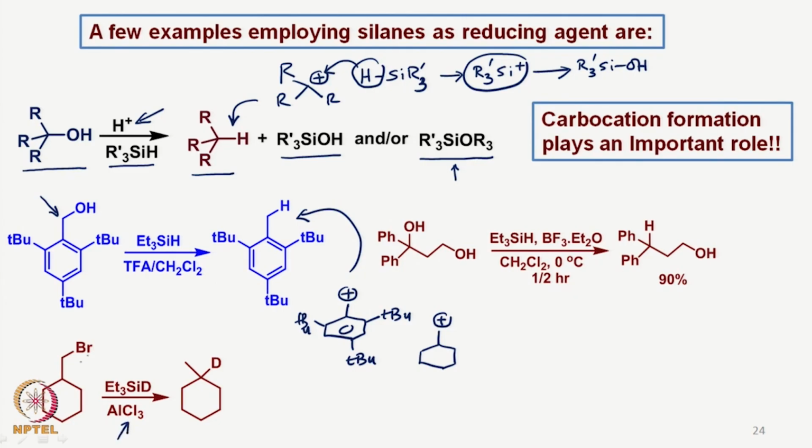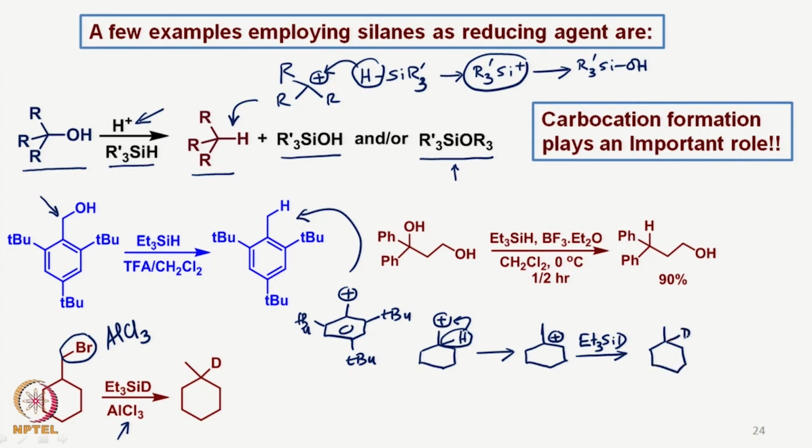The aluminum chloride will take away the bromide ion from here and generate the corresponding primary cation, but then this primary cation immediately undergoes a 1,2 hydride shift, leading to the formation of the corresponding tertiary cation, and then this tertiary cation can react with triethylsilane having a deuterium, an isotope of hydrogen, which allows the introduction of a deuterium atom at this junction.